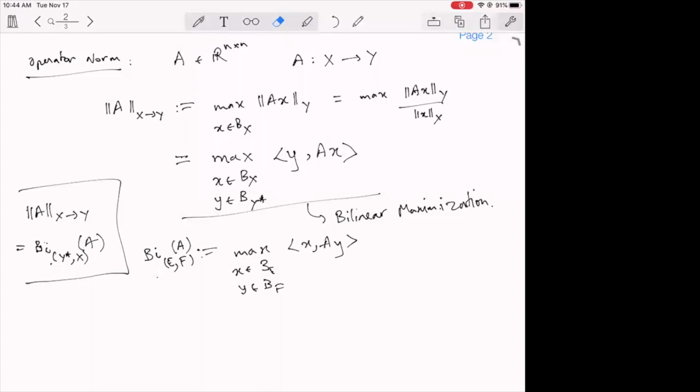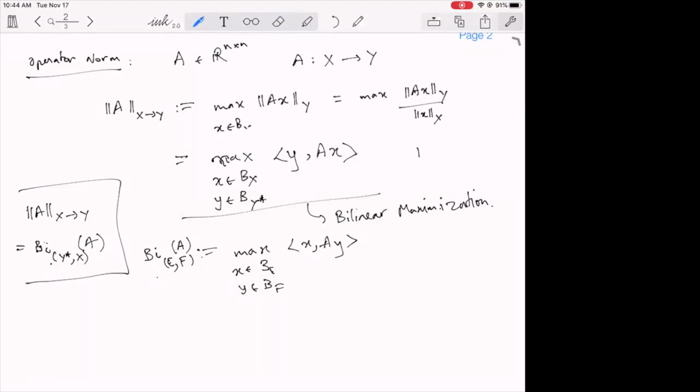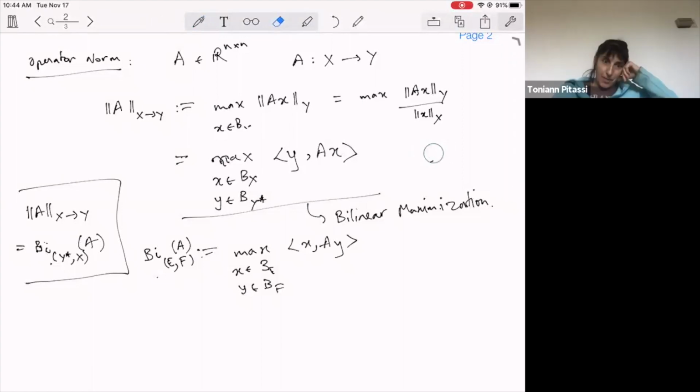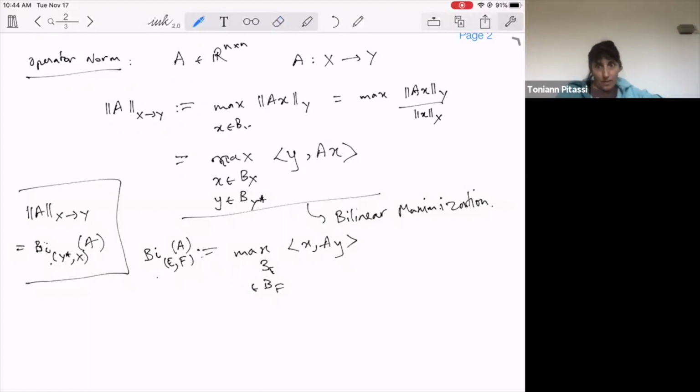Why isn't X in the dual norm? This is because of the definition of the dual norm. I think it's an issue with how I label the vectors. So let's just use different letters.